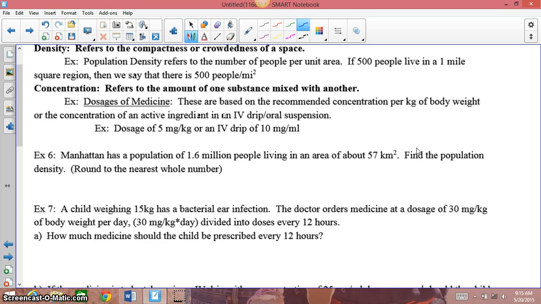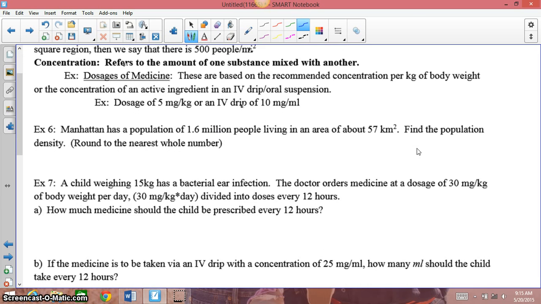So bumping on down to example 6, it says that Manhattan has a population of 1.6 million people living in an area of about 57 kilometers squared. We want to find the population density. Again, it's just the number of people per, means to divide, square unit of area, here would be square kilometers. So if I fill in what I know here, I have 1.6 million people. So what that means is I have 1,600,000 people.